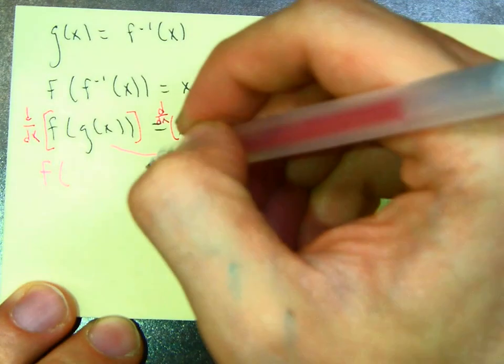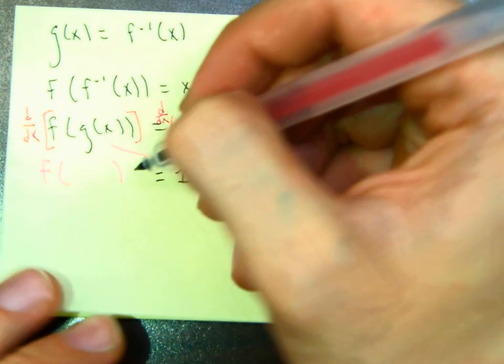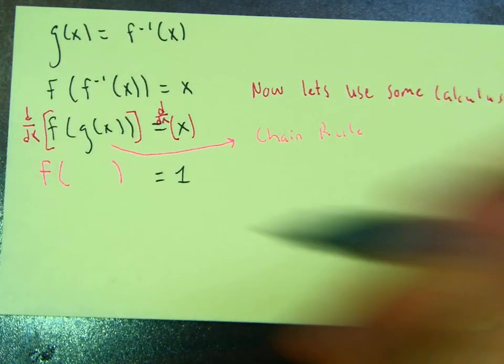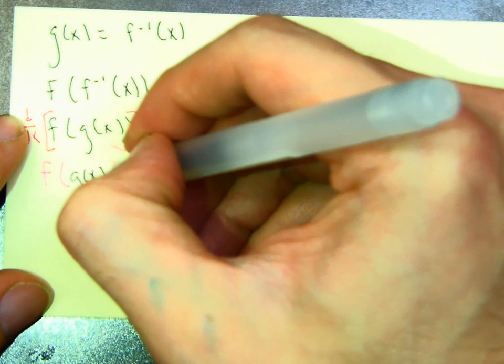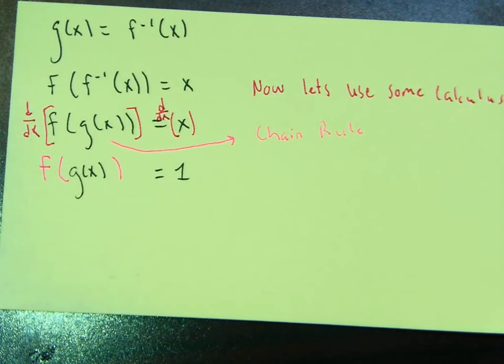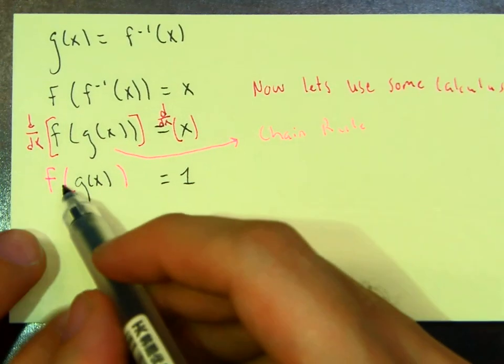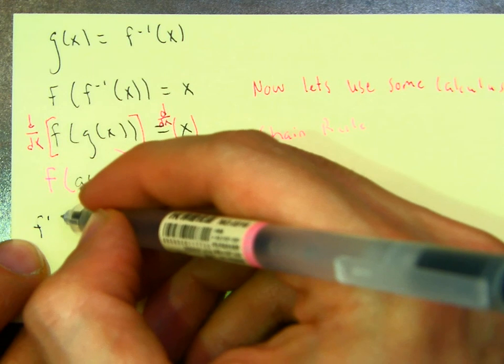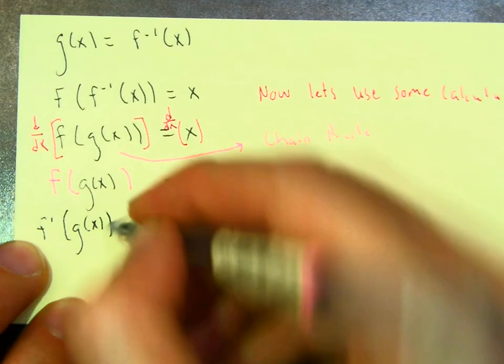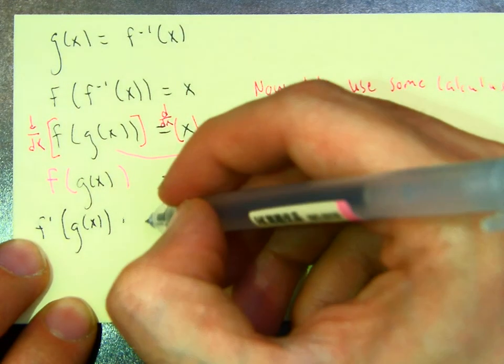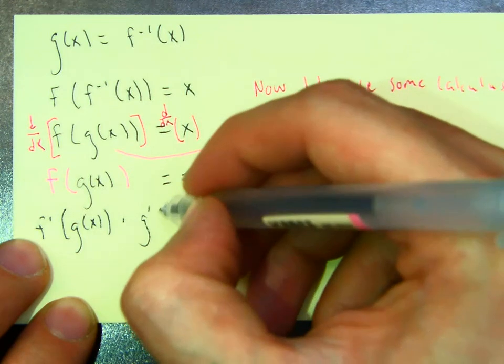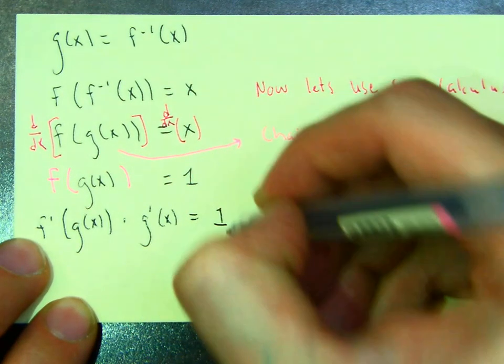Oh god, that's a pink, my bad. This is the outside, and this is the inside. Now what do you have to do? You take the derivative of the outside, so f prime of g of x, and this stays the same, times the derivative of the inside, g prime of x, and this equals 1.